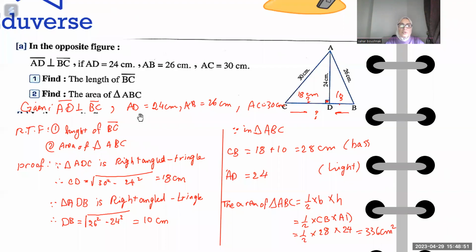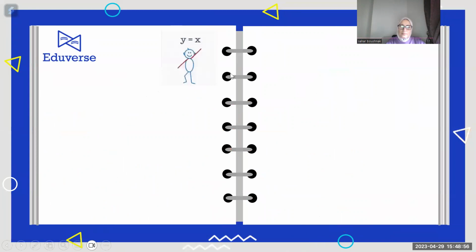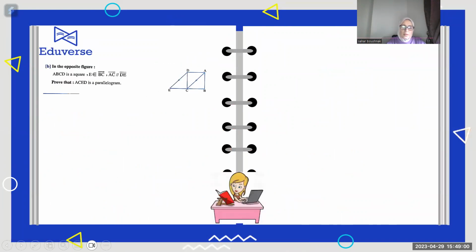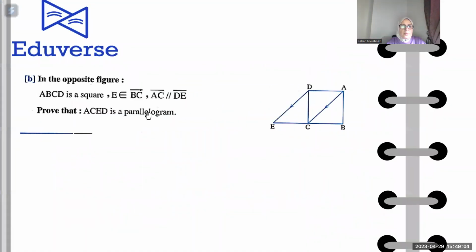Let's see the next question. This is the last question. Okay. ABCD is a square.